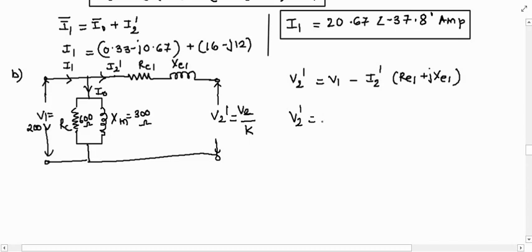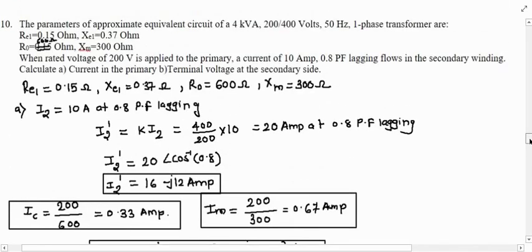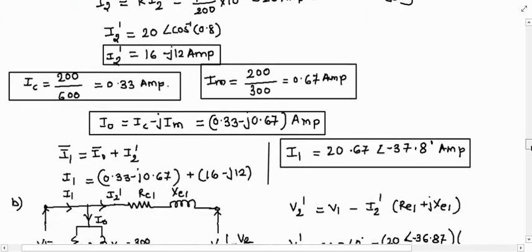Okay. So V2 dash equals to 200 at an angle of 0 degree. Let us say V is your reference vector, minus what is I2 dash we got, 20 at an angle of cos inverse of 0.8. Cos inverse of 0.8 is nothing but minus 36.87, into RE1, which is given as 0.15, XE1 0.7.